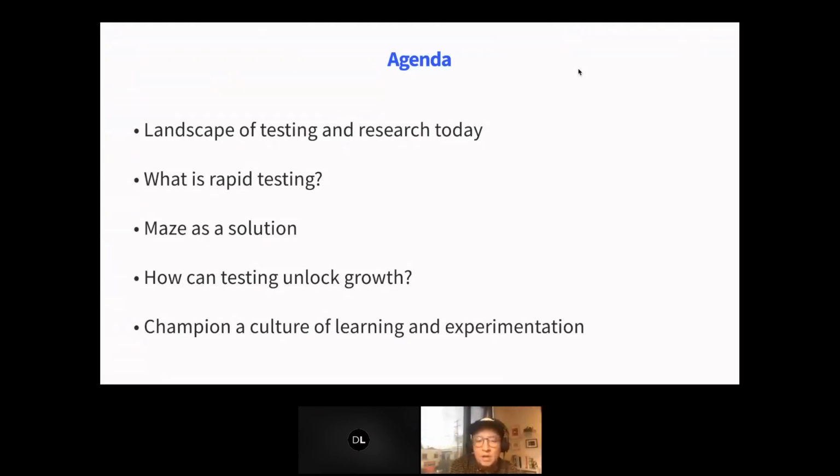Then we'll finish up by talking about how you can actually unlock growth at your organization or on your team through design, and taking it one step further, how you're able to champion a culture of learning and experimentation across your organization.